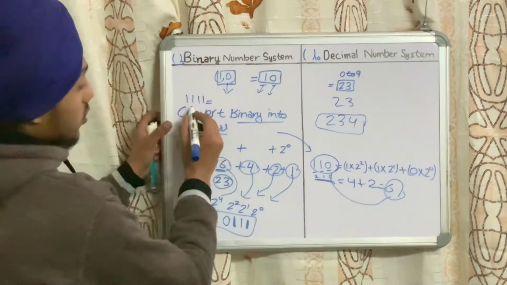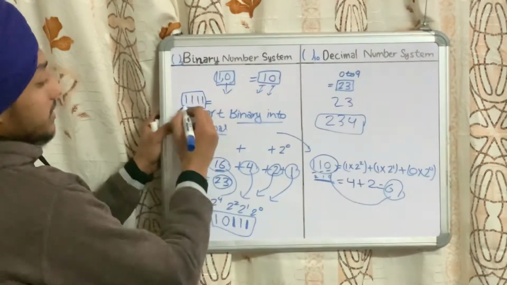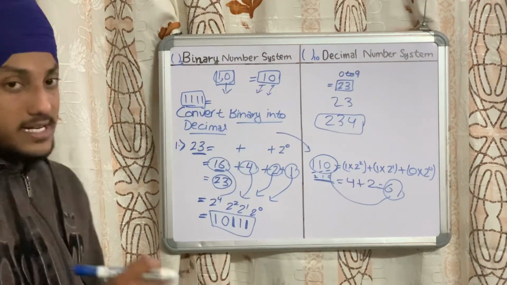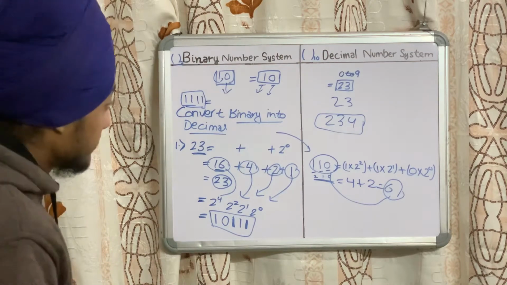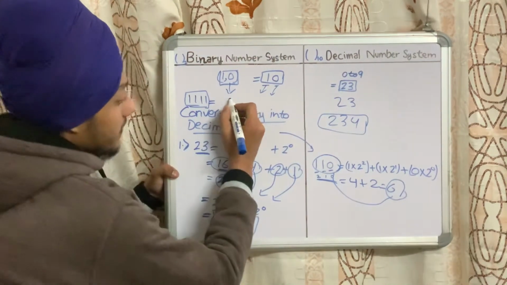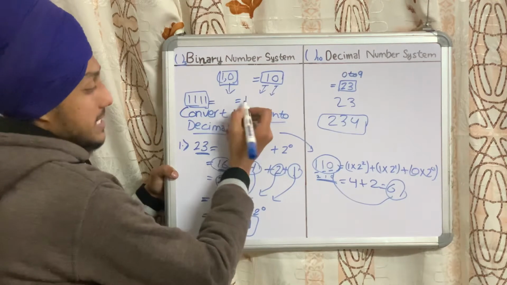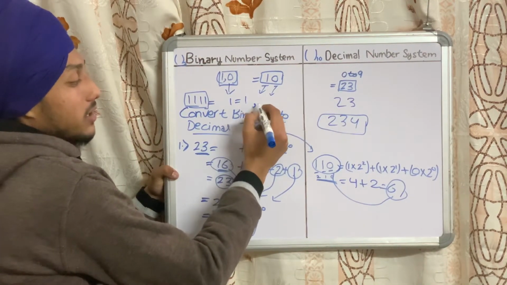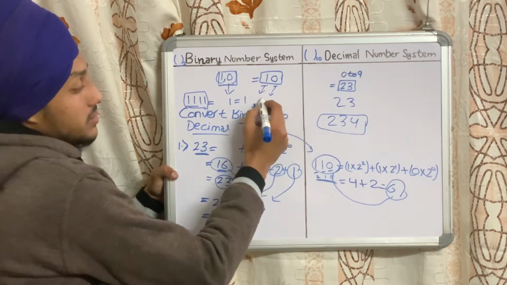Now we are going to discuss, can we write each and every type of number? Let's look at it: with 1 and 0, can we write 1? Yes, you can write 1, which is nothing but 1. You can also write 0, which is 0.